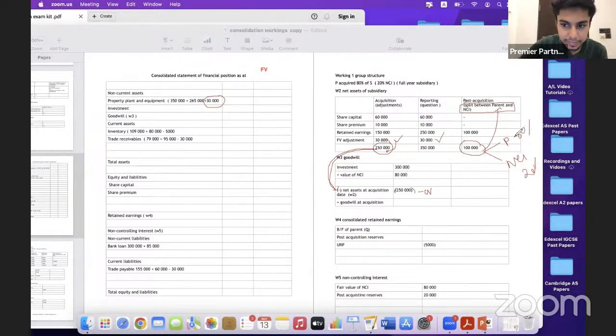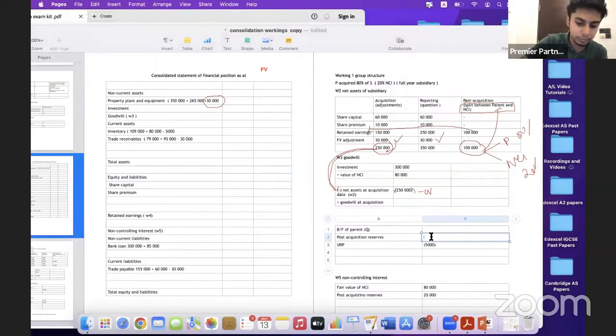Take this 80,000. Ask yourself, from where did this come? Now this 100,000, if you put 80%, answer is 80,000, that's for parent. Where to mark? Think. 100,000 came from where? Retained earning. Therefore, guys, you should go and mark this inside consolidated retained earnings, working number 4, post-acquisition reserve, which is 80,000.